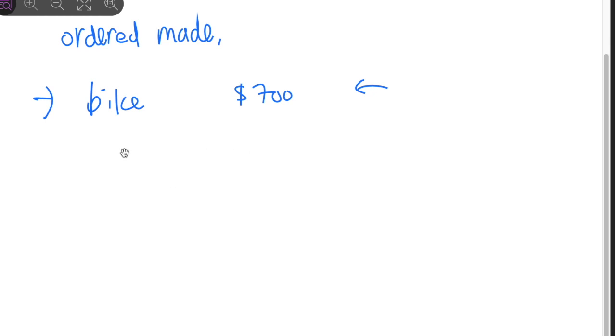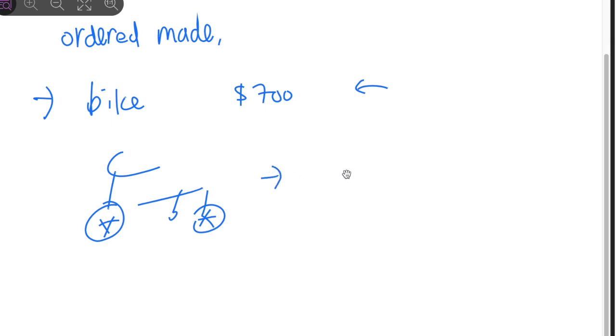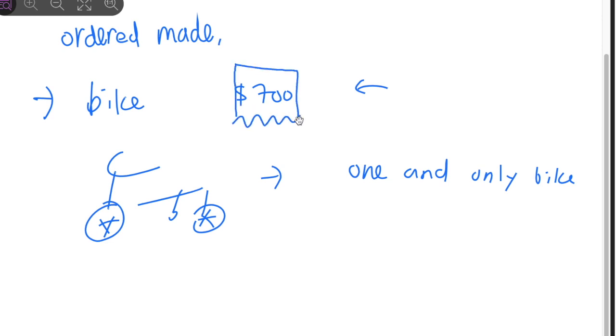So we can have one. We can order a bike with my preference, right? Then what happens is it becomes one and only bike in the world, and becomes more of a price list, and I'm willing to pay my $700 on this bike, right?